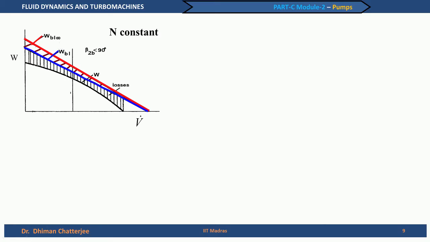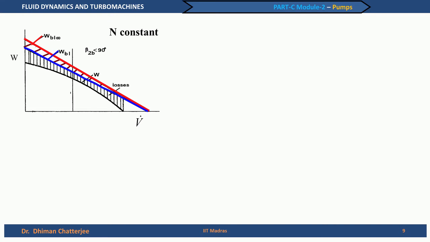Then we have not still considered the losses, and once we consider the losses, we can say that the loss will be minimum at the design point, and off the design point the loss will increase. Why will it increase? It will increase because not only do the other losses increase, but also a new contribution comes from the shock or incidence loss as we have discussed.